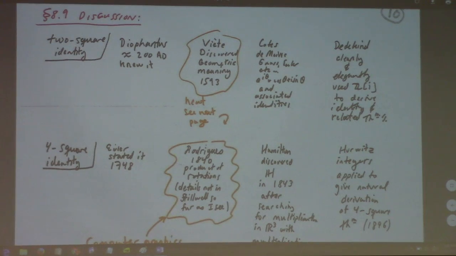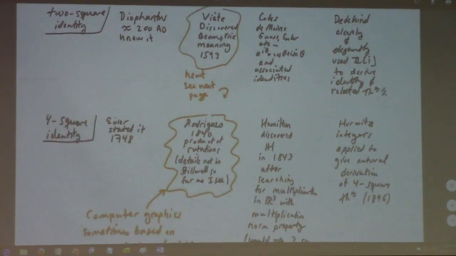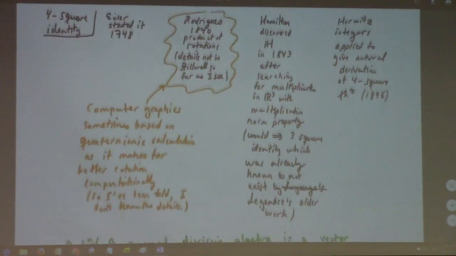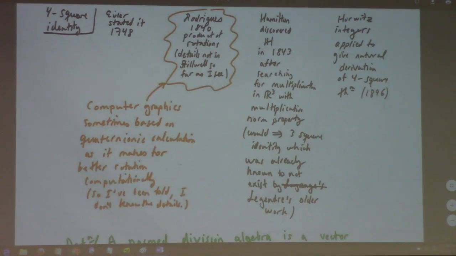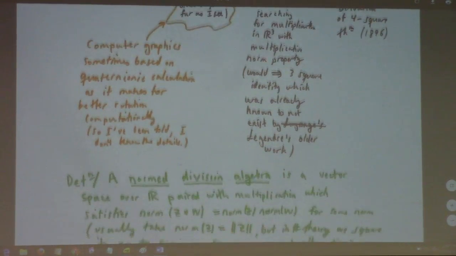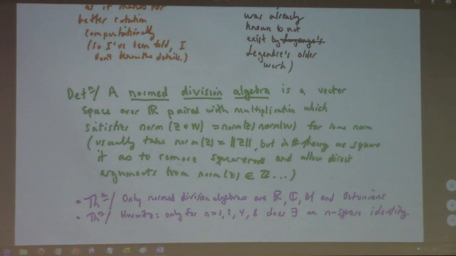I have a lot more to say about that to you guys. Maybe I'll say some of those things today, but not all of them. So here's the result I was mentioning. A norm division algebra is a vector space over the reals paired with a multiplication which satisfies this multiplicative property.